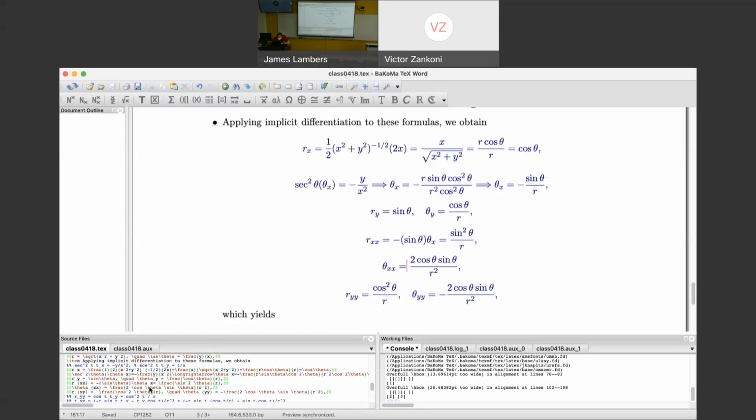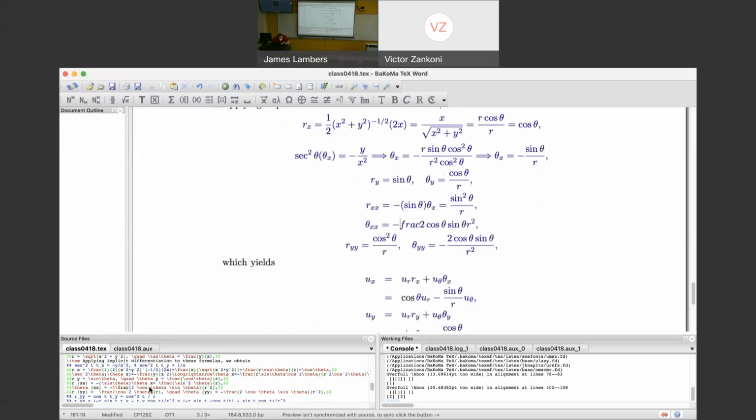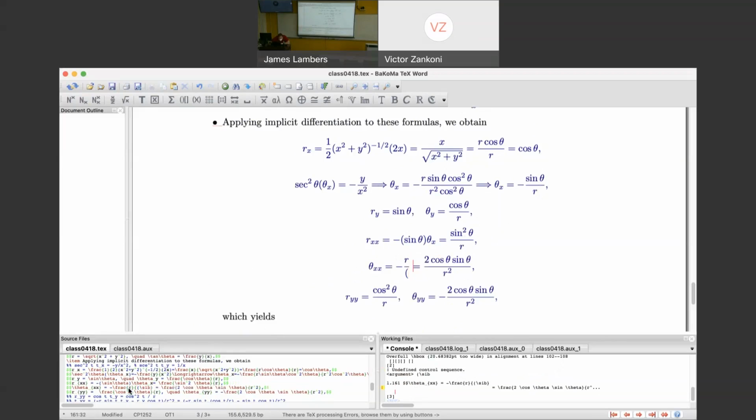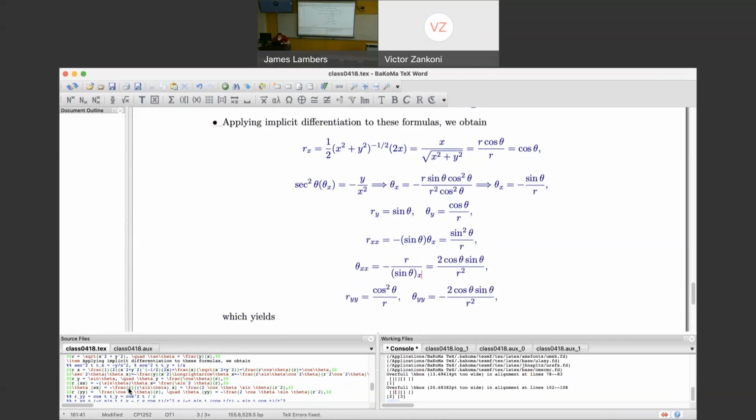Okay, so how does that work out? I'll just pull the minus up front, so r times the derivative of sine theta with respect to x.